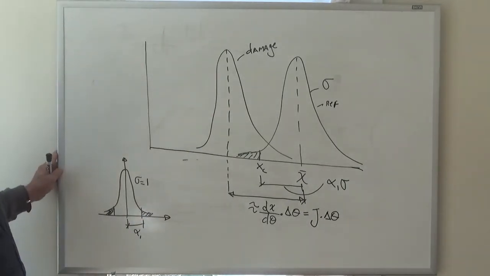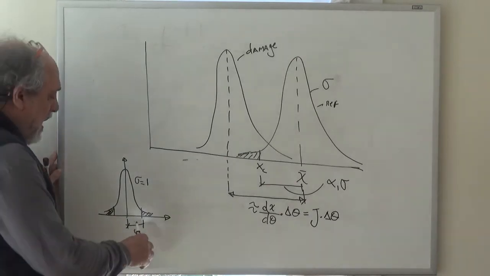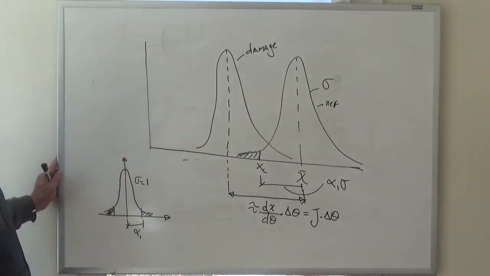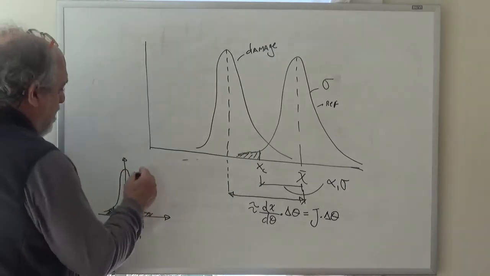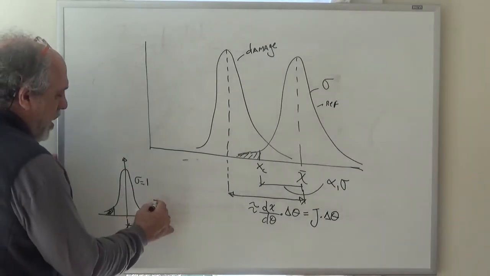And that will make this whatever we want, and there are tables to find what this is, or even better, in MATLAB, that is something that one can do very quickly. Say that's type 1.